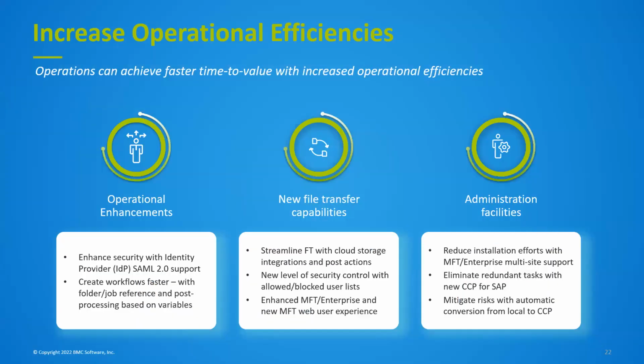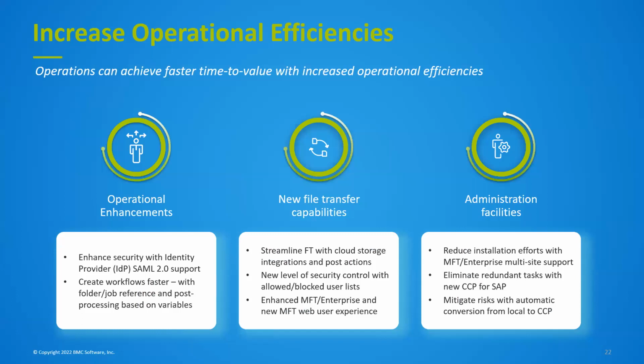Our next topic is increasing operational efficiencies. Like I told, the challenge we have is that we want to do more with less. Operations want to be swifter and faster, and Control-M 21 increases your operational efficiency.